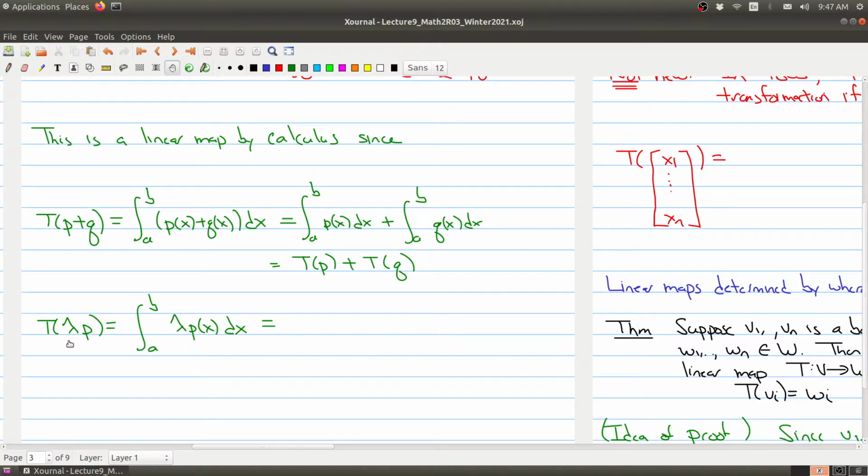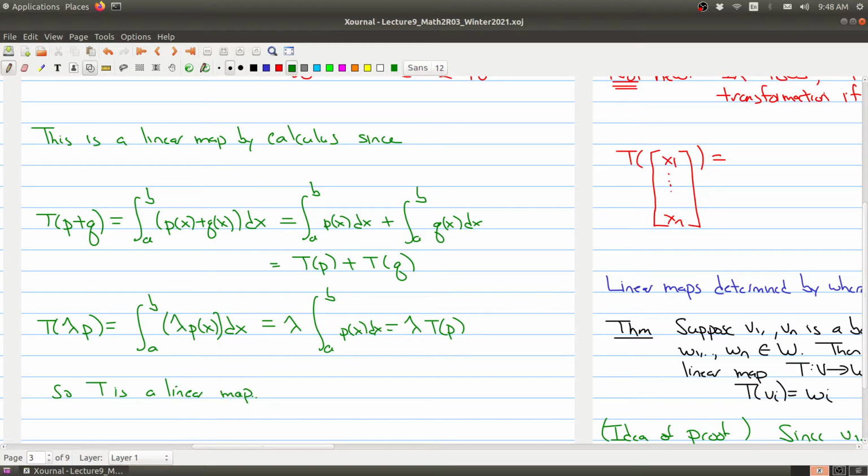If we plug in lambda times our polynomial p, the definition tells me I need to evaluate this integral. Lambda is a constant, and you know from calculus that you can always pull out your constant when you're integrating. But then this thing on the inside is the same thing as plugging p into your function T. So what we get is that T is a linear map.